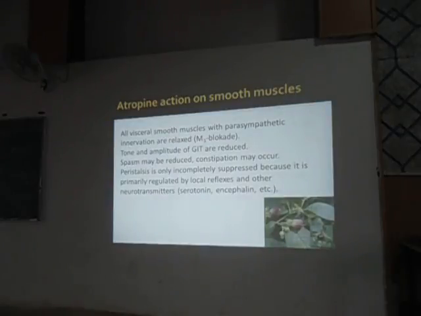So atropine on smooth muscles, this you already know. Visceral smooth muscles with parasympathetic innervation are relaxed by the blockade. If GI tone is reduced, there can be constipation also. In case of organophosphate poisoning, one more thing you can see.